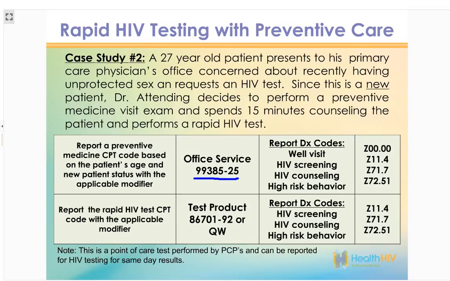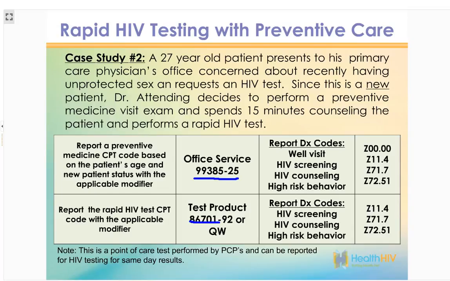The physician also did a rapid test. So at the bottom of the screen, you'll see the code 4886701. It was selected based on the methodology. Because during this encounter there was an HIV test done, this particular payer wants the E&M reported with Modifier 25.